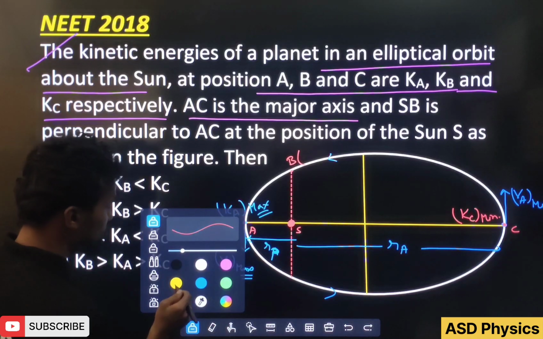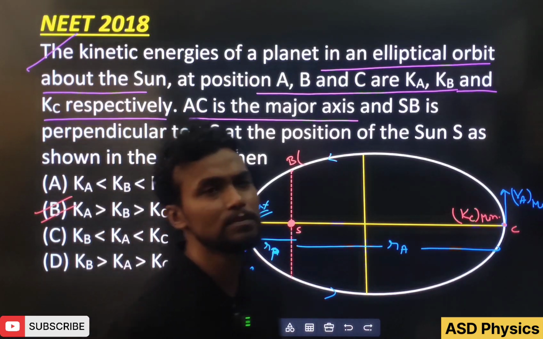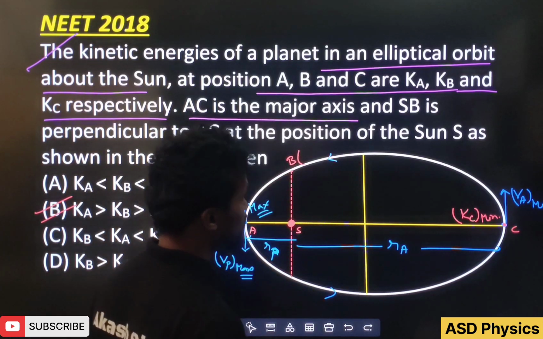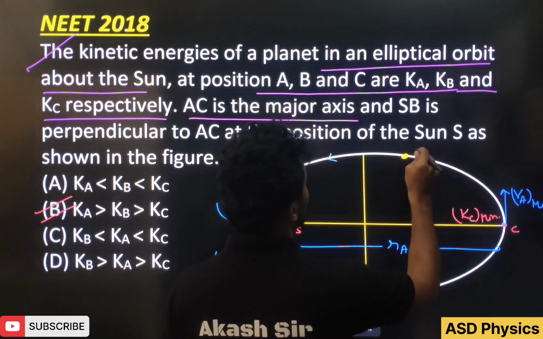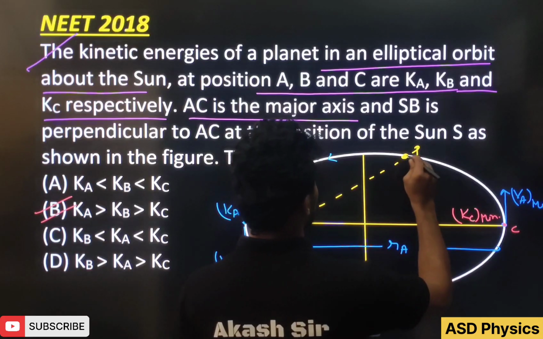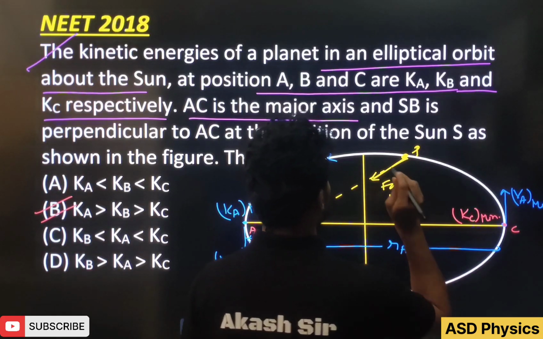And with this question I will tell you one more basic concept. Sometimes they will ask work done by gravity. Let's take for example that the planet is here. One force Fg will act here.